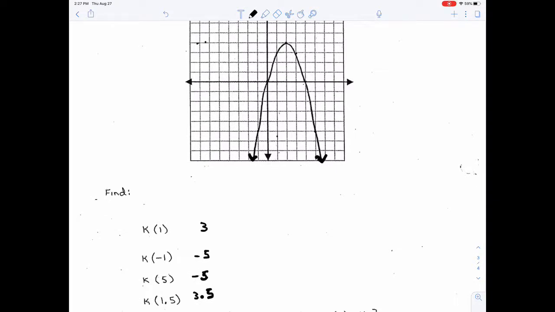All of these points have a y value of 4, but they're not all on the graph. So let me get rid of them. Which one is on the graph? That one right there. And what's its corresponding x coordinate? 2.